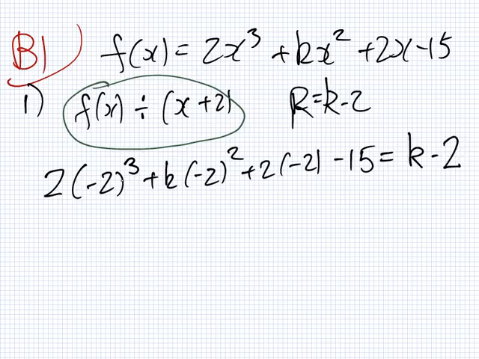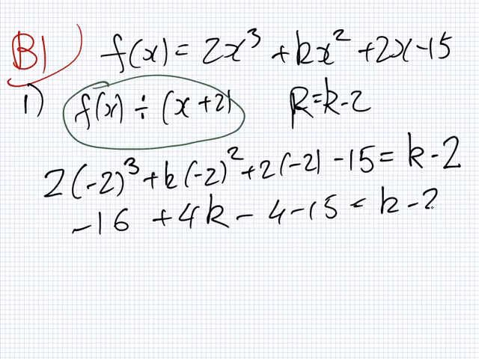So 2 times minus 8 is minus 16, plus 4k minus 4 minus 15 equals k minus 2. So 3k minus 19 minus 16, what's that, minus 35? 33? k is 11?